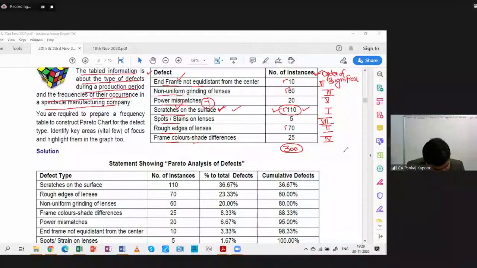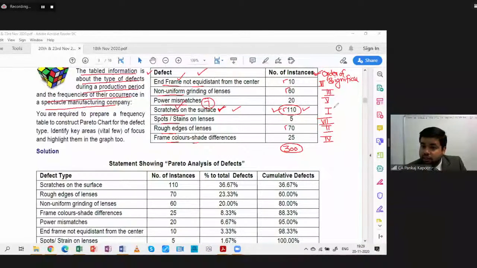Raviteja is also correct. Yes, Leela is also correct. Fine. Friends, whensoever there is a question of Pareto, you need to develop the order of significance, and according to the order of significance, you need to rewrite the defects.